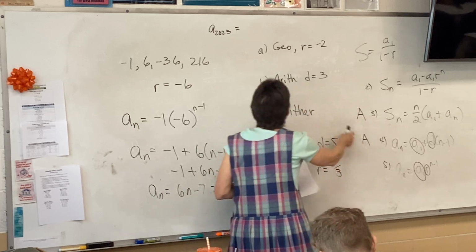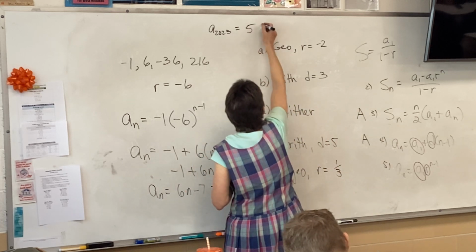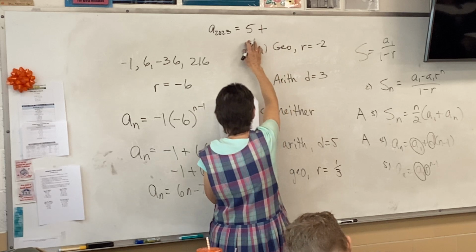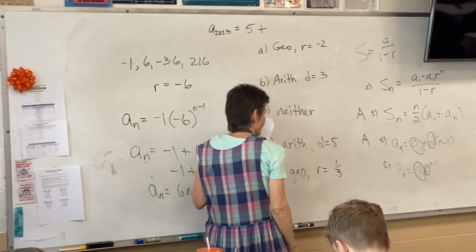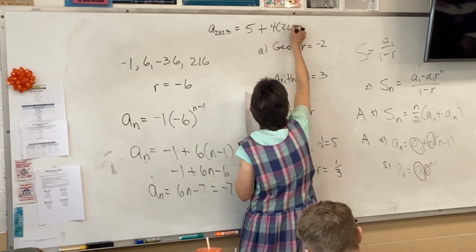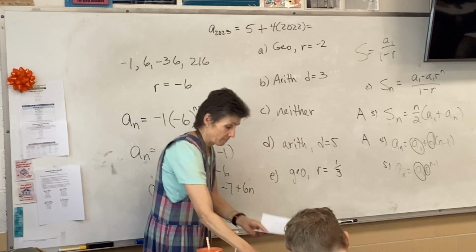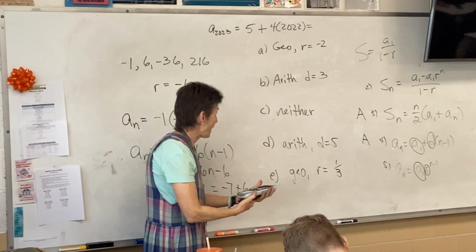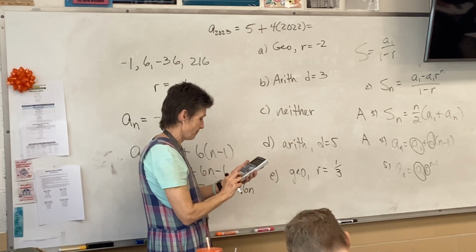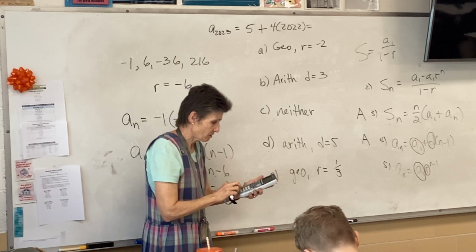A sub 2023 equals 5, that's the first term. What's my ratio, or my difference? What am I adding? 4 times 2022, and that will be 8,093.